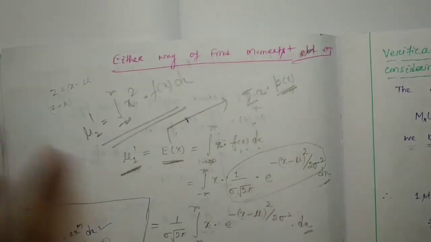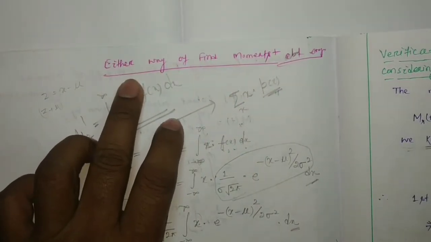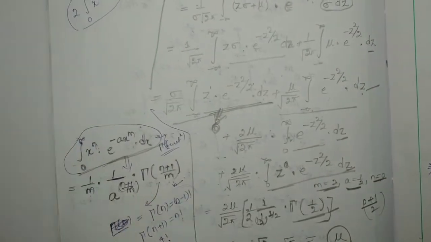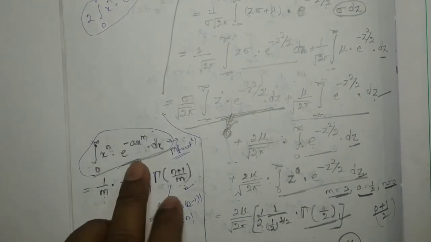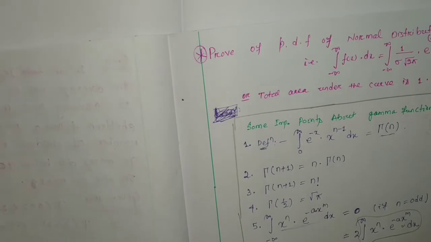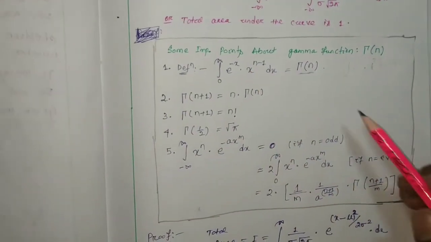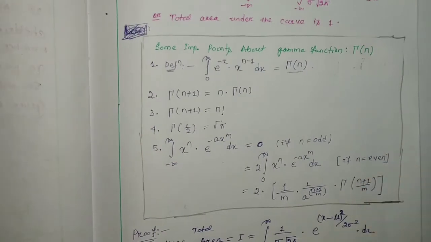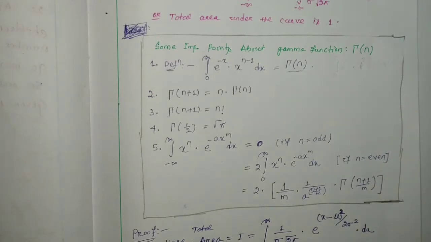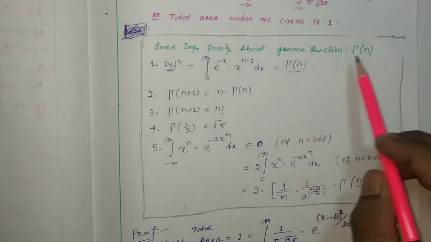We discussed these briefly when finding the moments about the origin, and this integral belongs to the gamma function, where gamma half equals root pi. These points will be useful for this content and also in our next classes. So you have to remember these 5 points about the gamma function.